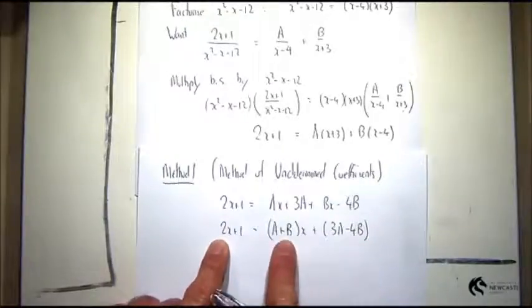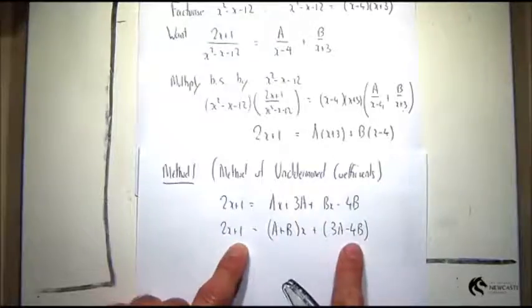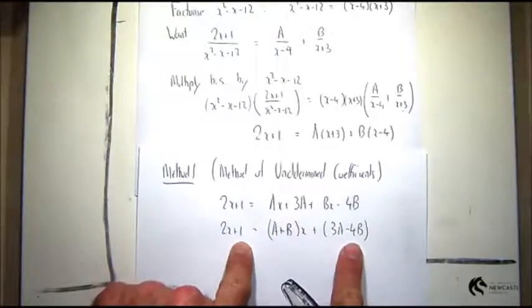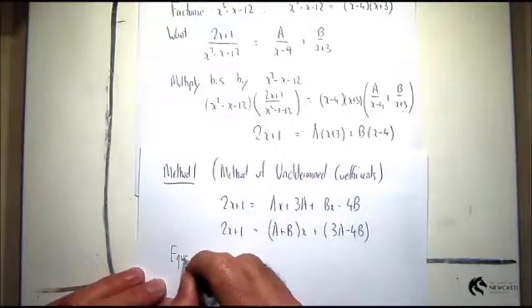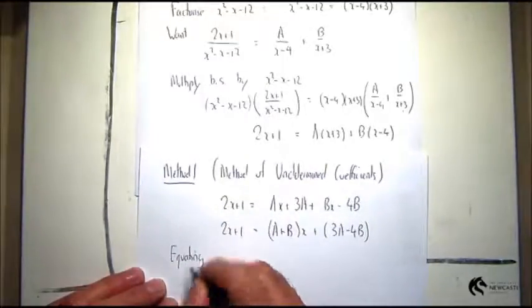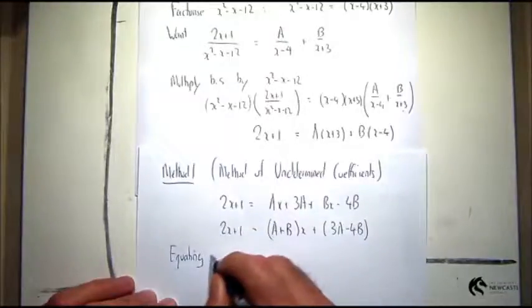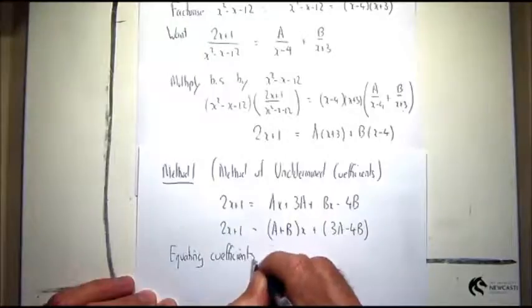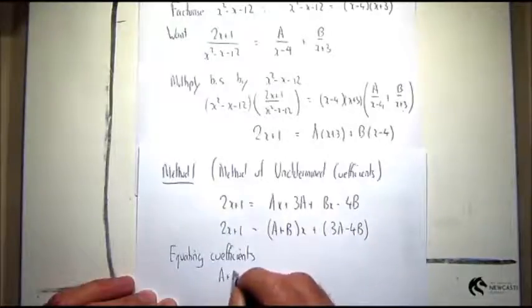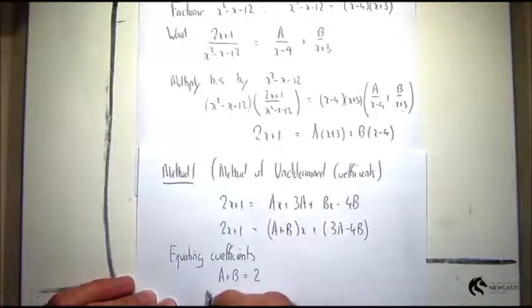So in other words, a plus b has to be 2 and 3a minus 4b has to be 1. So I can say here, equating coefficients, I have A plus B is equal to 2, 3A minus 4B is equal to 1.